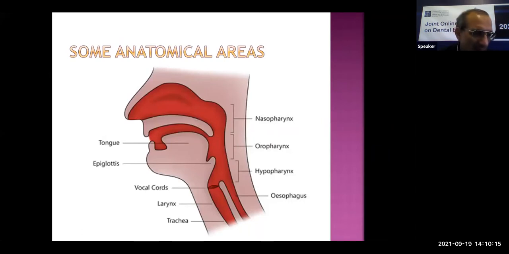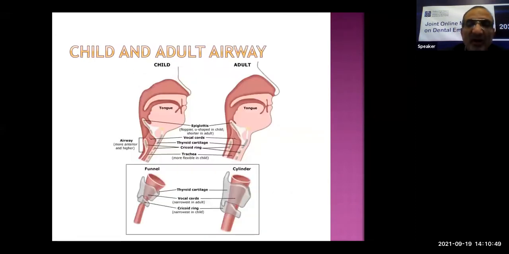Okay, this slide shows the vital organs in the head and neck. Following the material into the hypopharynx and oropharynx, they can go to the esophagus or into the trachea. There are some differences between the child and adult, as you can see in this slide.